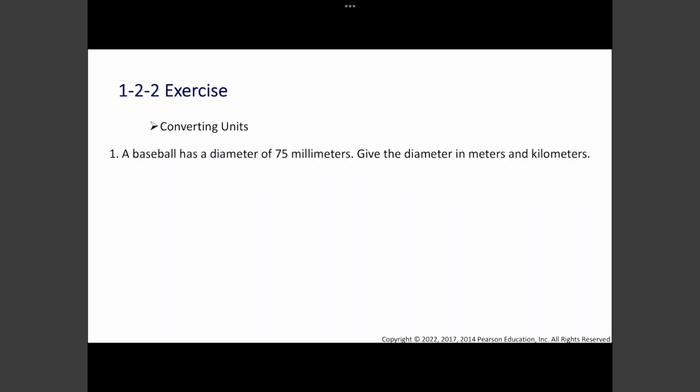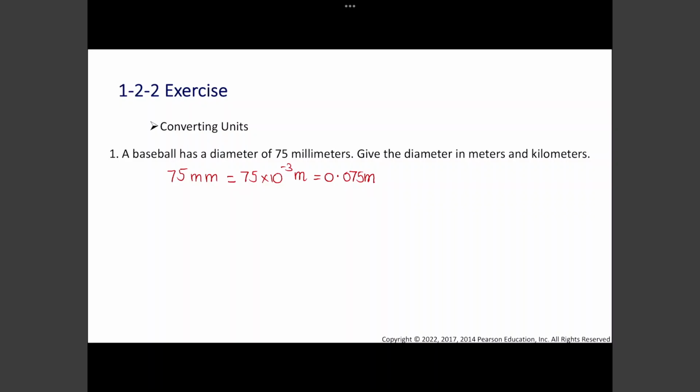So let's first convert millimeters to meters. 75 millimeters, mm, is equal to, milli means 10 to the power minus 3, so it is 75 times 10 to the power minus 3 meters, or we can write it as 0.075 meters.